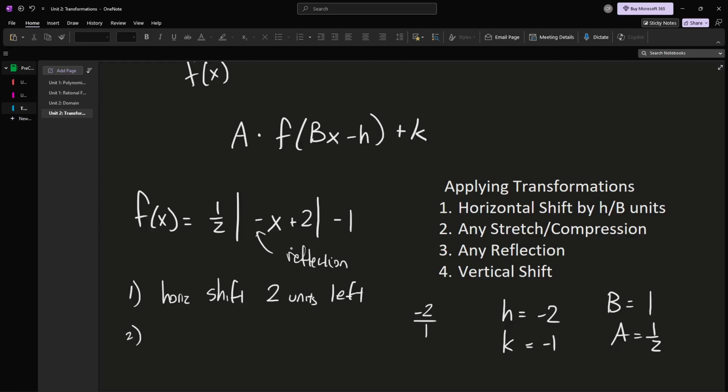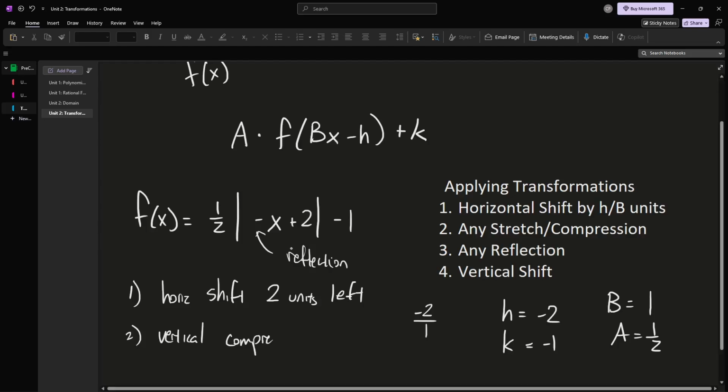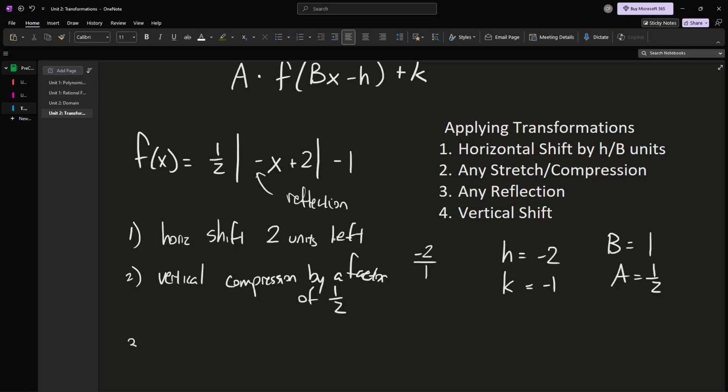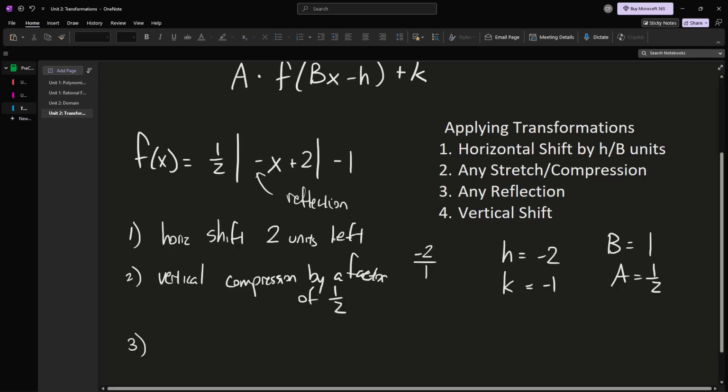Next up, number 2. Any stretches or compressions? a is 1/2. So a vertical compression by a factor of 1/2. And now we see any reflections.